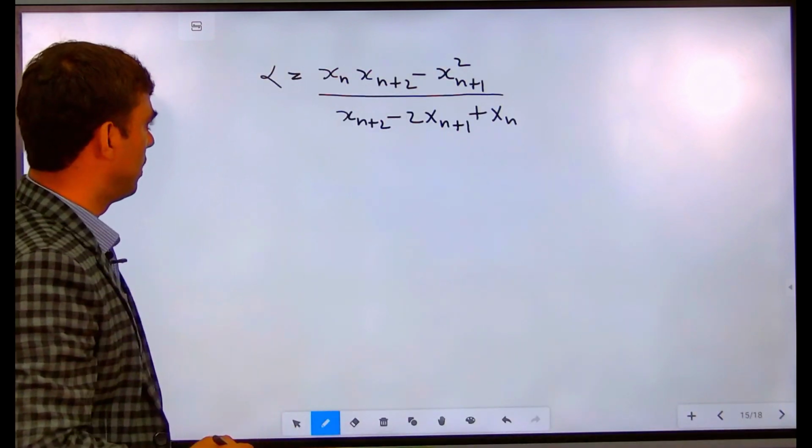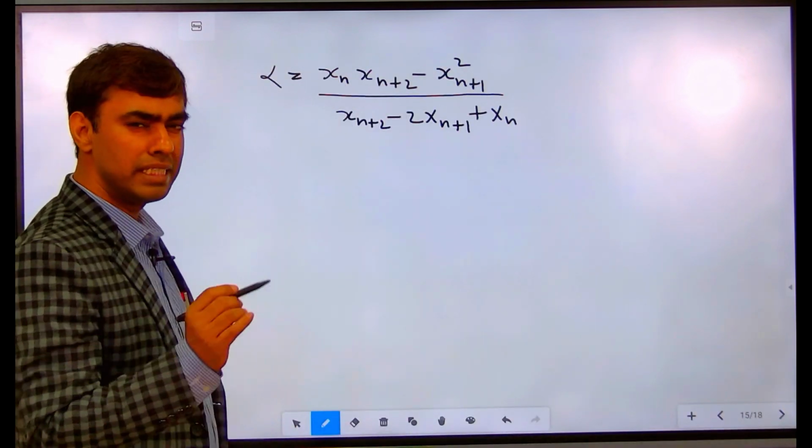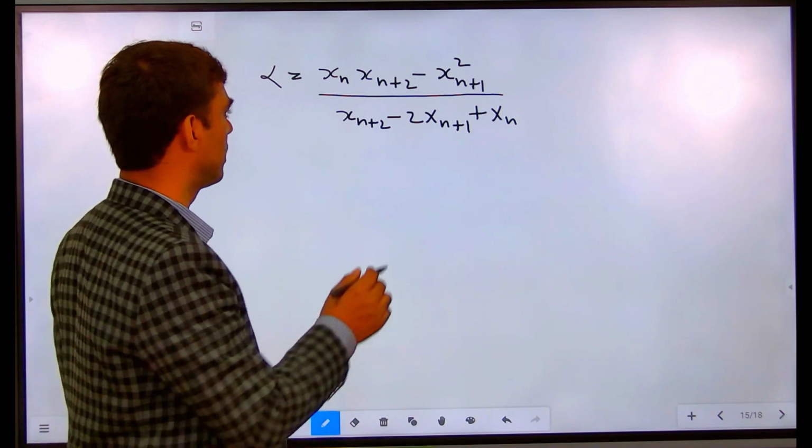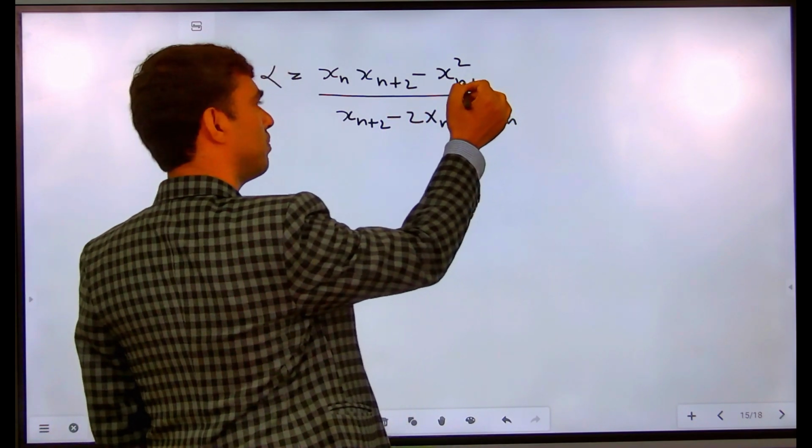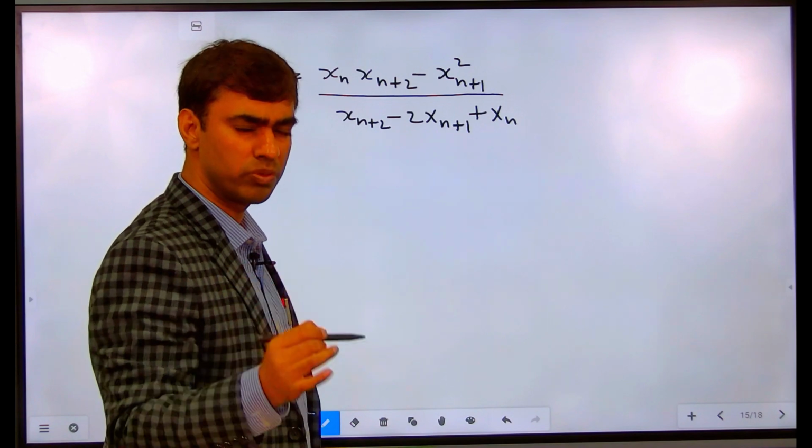So, after rearranging some terms, how do we rearrange them? Here we write (xn plus 1 minus xn) whole square.